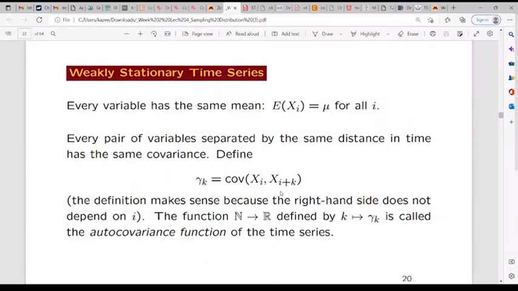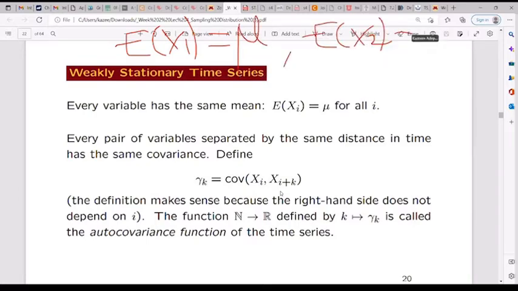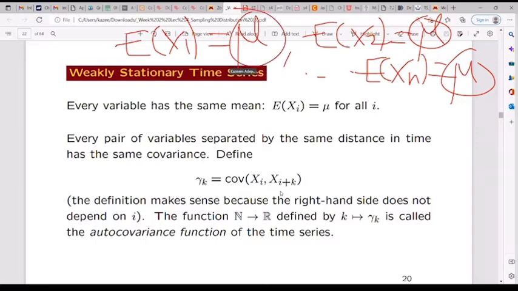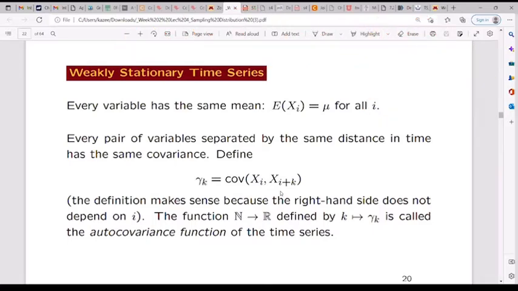Now this is the definition. You remember the other time I said the expected value of X1 is mu, the expected value of X2 is mu, until the expected value of Xn equals mu. That means the mean is the same for all i, where i is the time point I talk about.